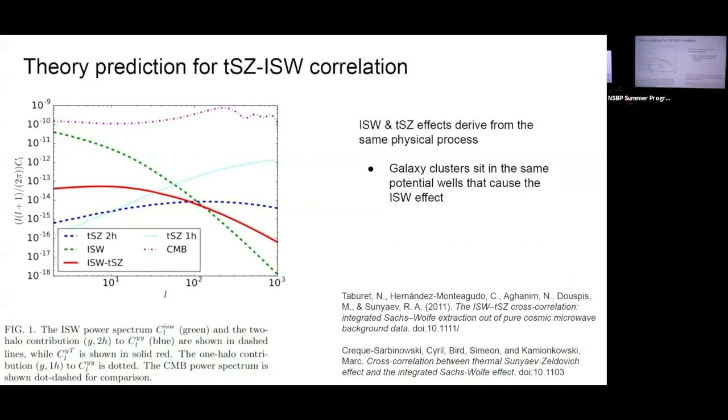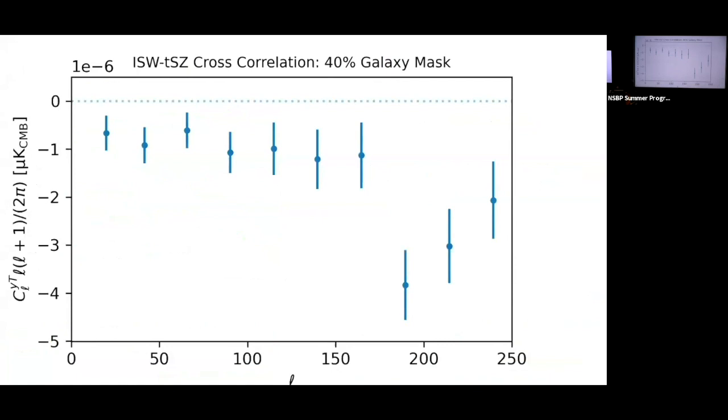To give a little more motivation, this is also a previously unmeasured cross correlation. There have been cross correlations of the ISW effect, the dark energy gravitational well effect, with galaxy clusters, and galaxy cluster catalogs like Sloan with the Y map or Planck with general cluster catalogs, but not quite with this correlation. So this is our first go at it, and it is not what we expected.